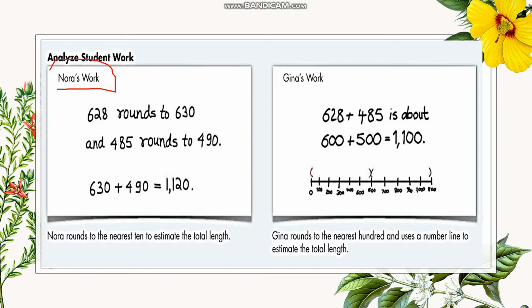So where is the tens place? The tens place is 2 and the tens place here is 8. So if I'm going to round, 2 is followed by 8. The rule in rounding, if it is followed by 5 or more, add 1 more. So 2 becomes 3. That's why 628 rounds to 630. And 8 is followed by 5.